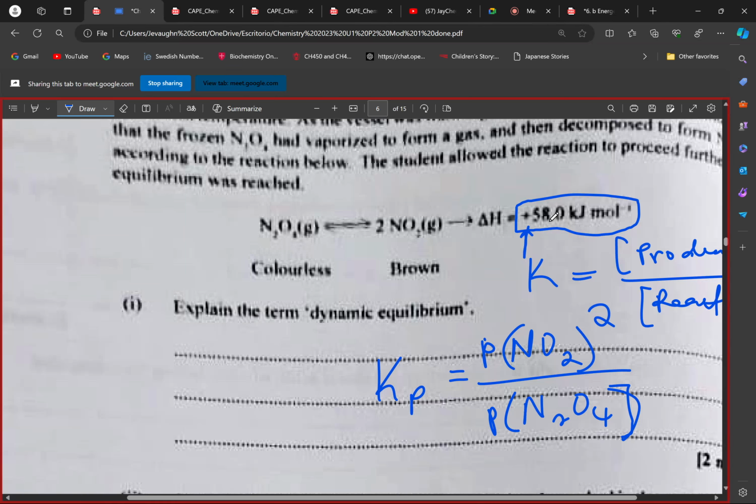If we keep on decreasing the temperature, making the system get colder and colder, Le Chatelier's principle says that when you make a change, we're going to move the equilibrium to counteract that change. So we're going to be moving in the opposite direction, the exothermic direction, to counteract that decrease in temperature. Make sense?